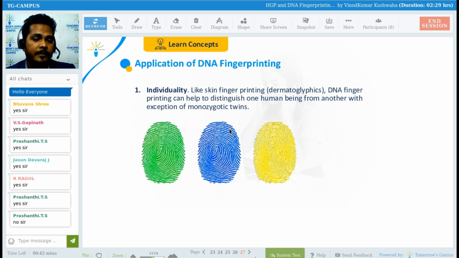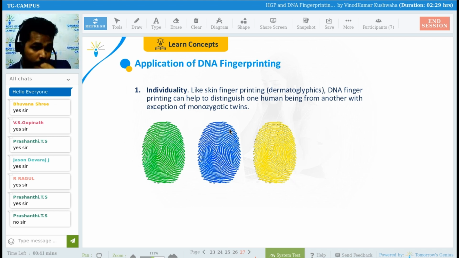Individuality means, like a skin fingerprint, a DNA fingerprint can help to identify one human being from another human being. But there is an exception in monozygotic twins. Monozygotic means both persons have the same morphological characters, and their fingerprinting is also similar, right? So to identify a specific person or individual, DNA fingerprinting is applicable.